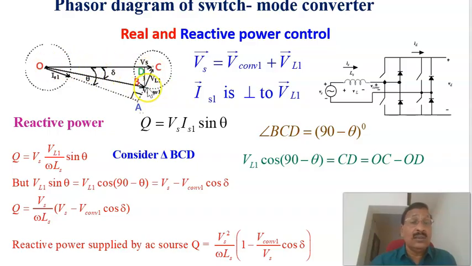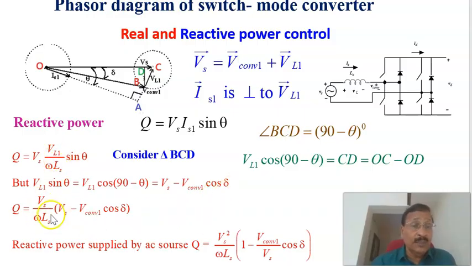That is why we are replacing it: CD I can write as the vectorial difference Vs minus V converter 1 cos delta, where V converter 1 cos delta is nothing but OD. Therefore, this is VL1 sin theta, and I am replacing VL1 sin theta by Vs minus V converter 1 cos delta.